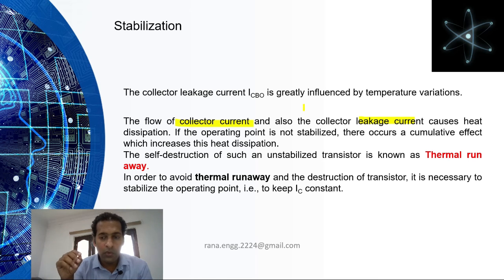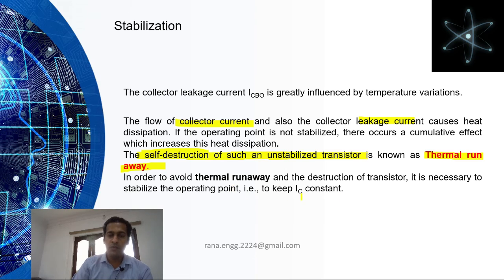That flow will also increase the heat. If it goes beyond the limit, the condition is usually called breakdown. If the transistor is not given proper conditions for stabilization and it gets damaged, that condition is called thermal runaway.